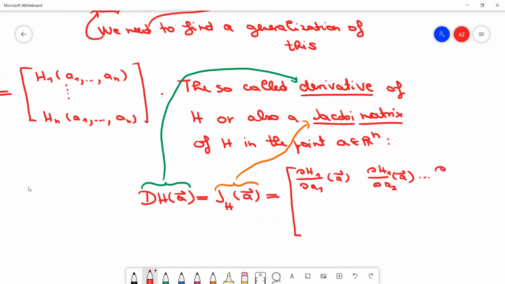So in the first row, we have all possible partial derivatives of h1 with respect to all variables, and so on. So the m-th row corresponds to the m-th coordinate function, and then we take all possible derivatives.